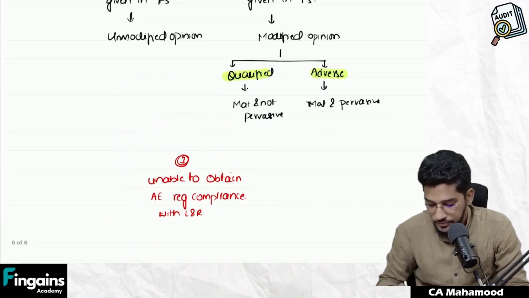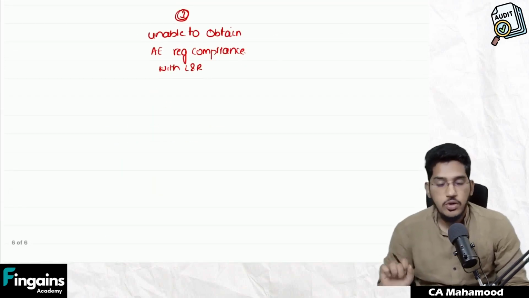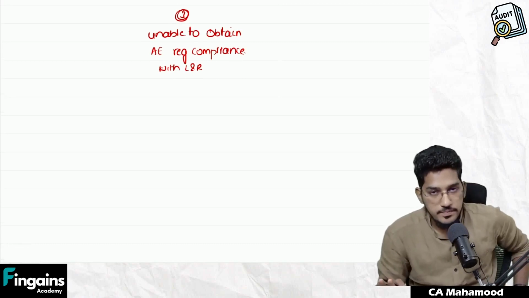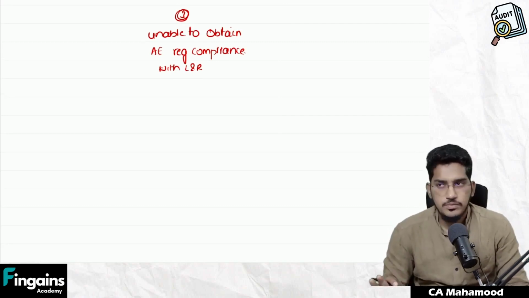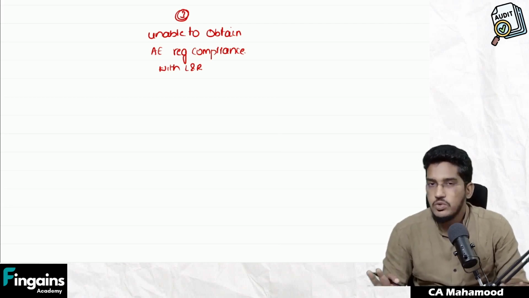In this case, what will be your reporting responsibilities? You tried in-depth audit procedures regarding type 1 and limited audit procedures regarding type 2, but you were unable to obtain audit evidence because of some restrictions or conditions.